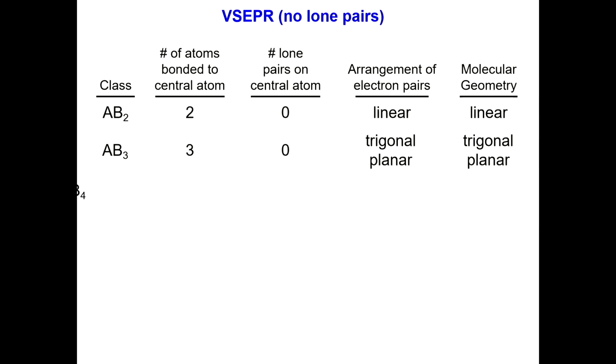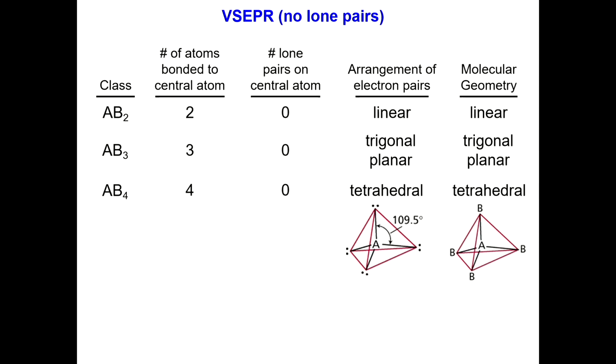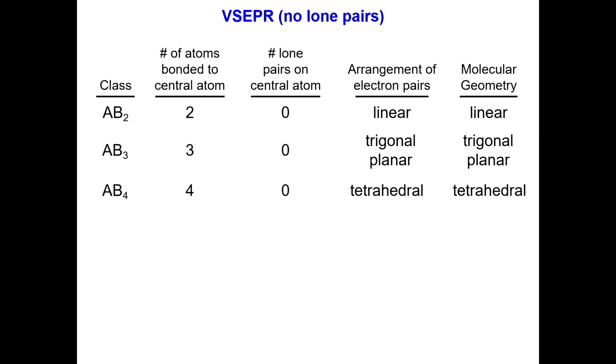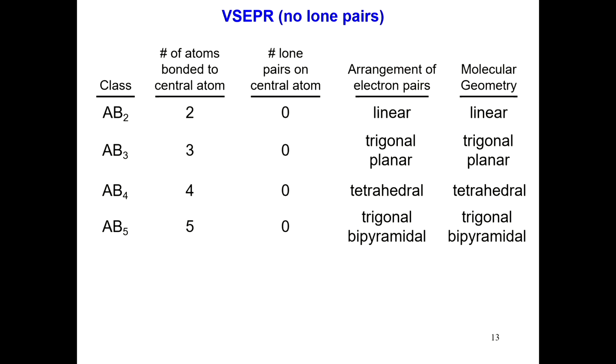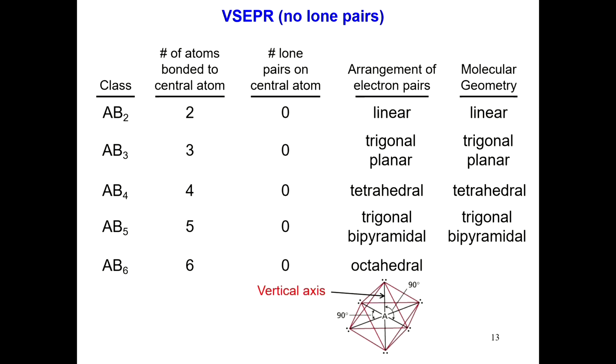Like AB4, the arrangement of electron pairs is tetrahedral, and so its molecular geometry is also tetrahedral. So this is about molecules without lone pairs.